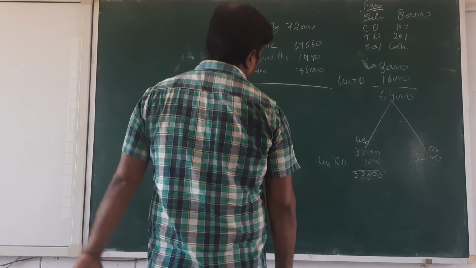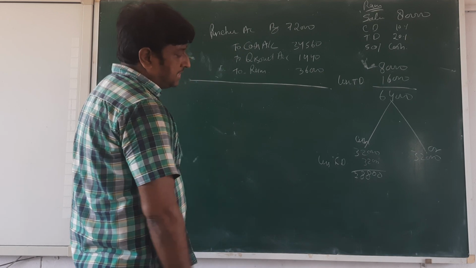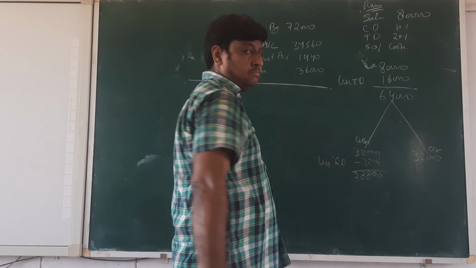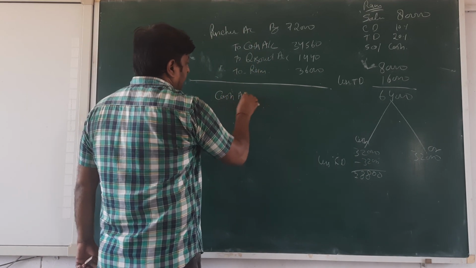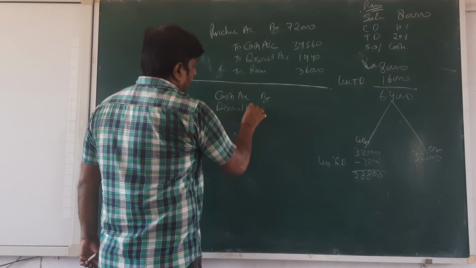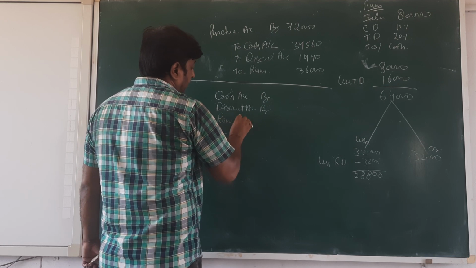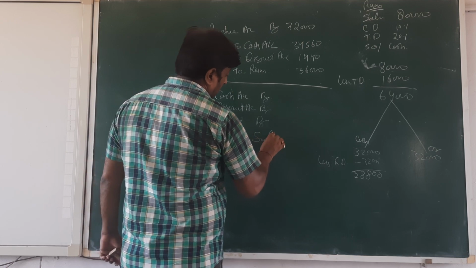Now, how are we going to do the entry? It's a sell, meaning credit; cash we received means debit; discount we are going to give means debit. It means the entry is cash account debit, discount account debit, then RAM account, RAM debit to sales.